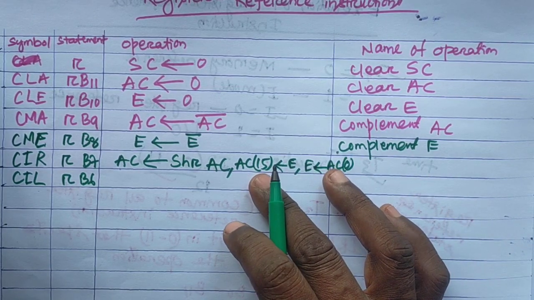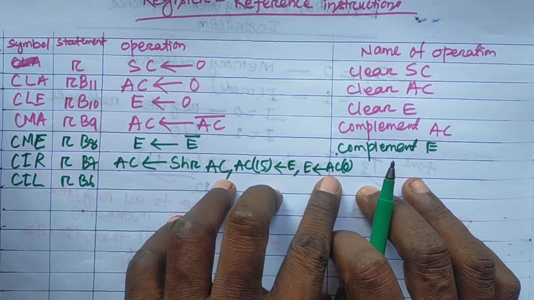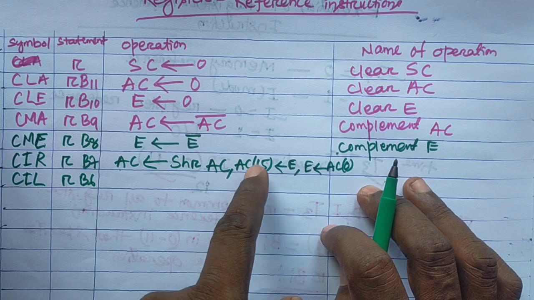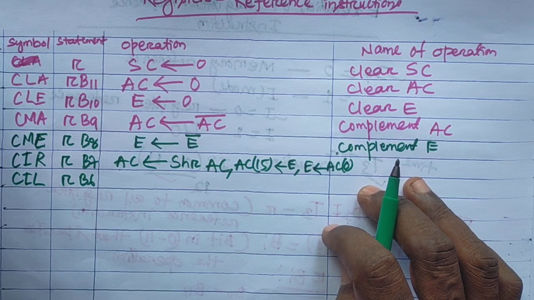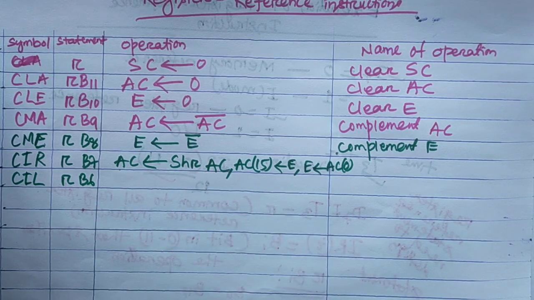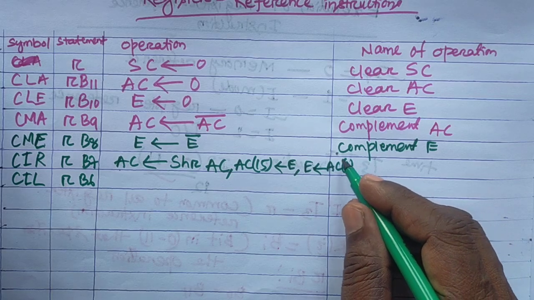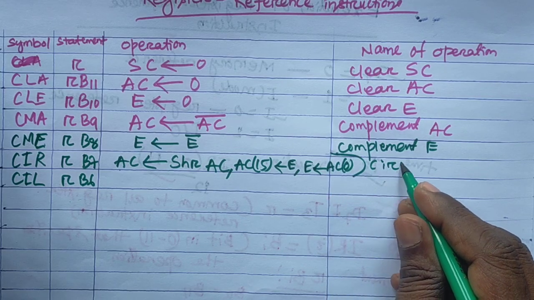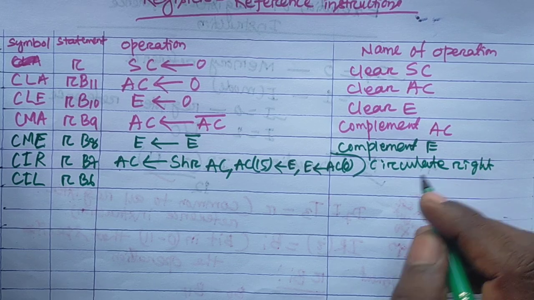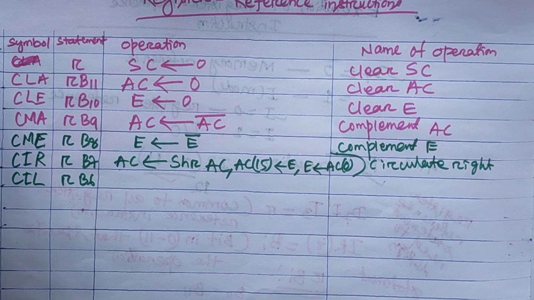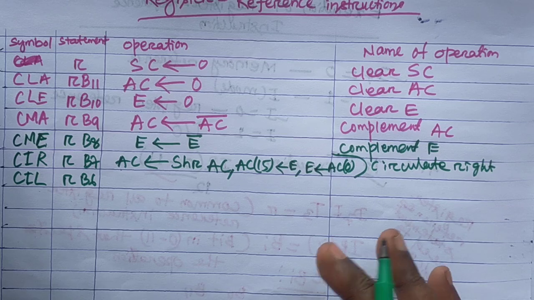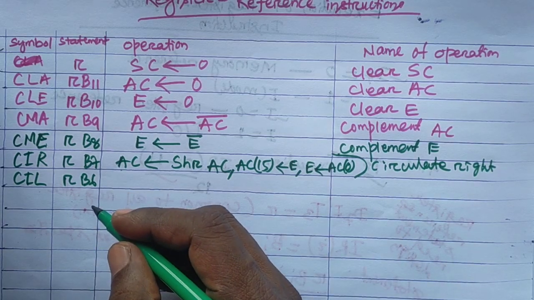So SC is cleared, and the cleared SC is transferred to E, and E is cleared. Then SC shifts right. We go through the shift right this way, so we can write circulate right. You may ask why it is taken this way, but this is fixed. We can't change it because this particular statement is given; we just analyze.